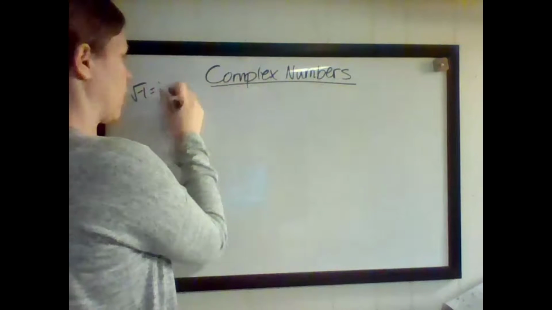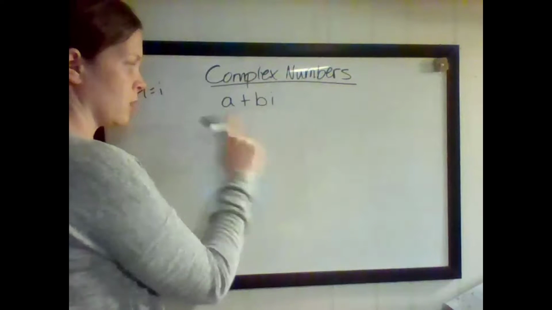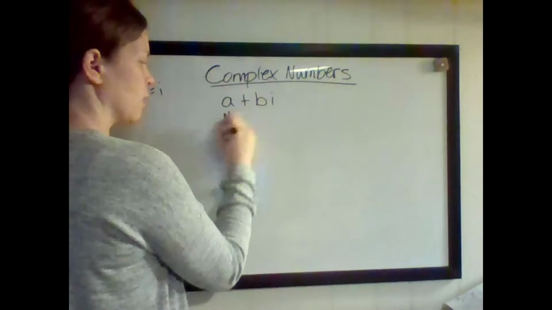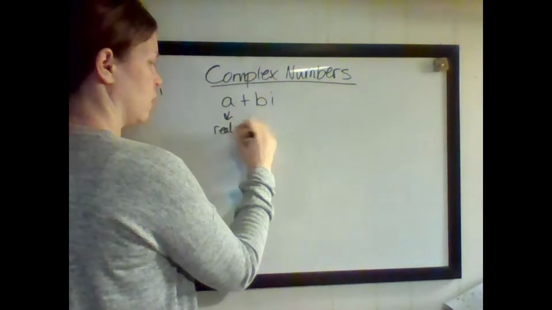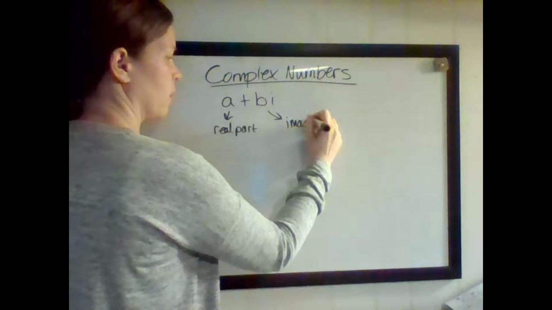When we put the i part together with a real part, it's going to look like this: a plus bi. This is how we define a complex number. a is the real part, and bi is the imaginary part.